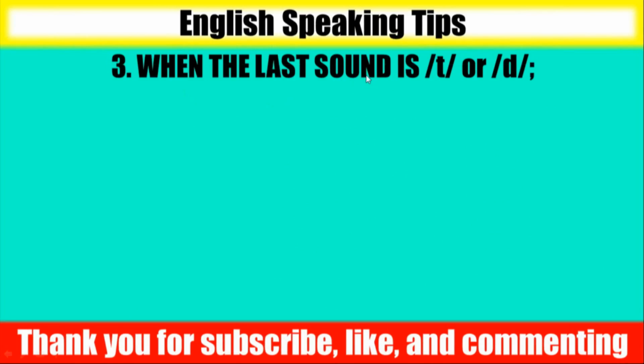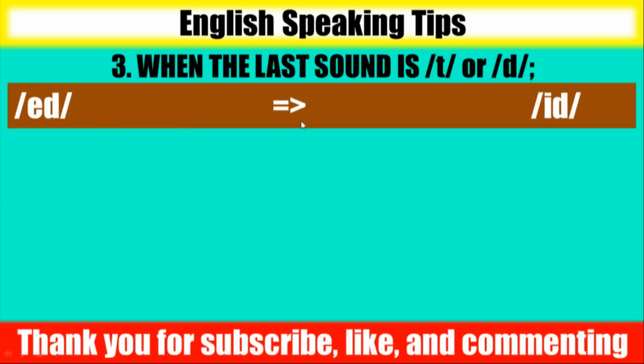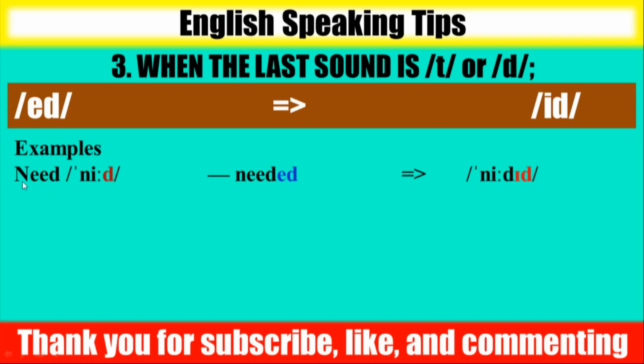When the last sound is t or d, then -ed sounds id. For example, need. The last sound is d and the past form is needed. Then -ed sounds id.